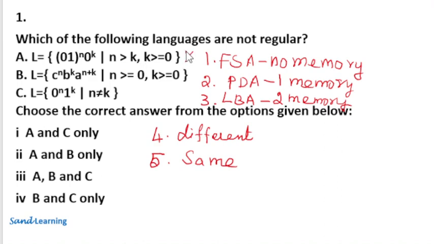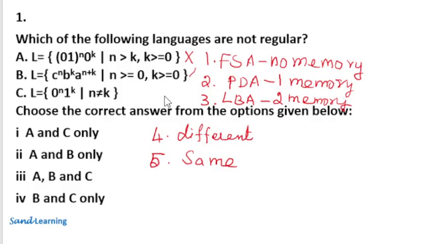Take the second language, L equal to C power n, B power k, A power n plus k. Here the powers are different, and again we need one memory element to keep track of this n plus k. So this is not a regular language. Take the third language, 0 power n, 1 power k.